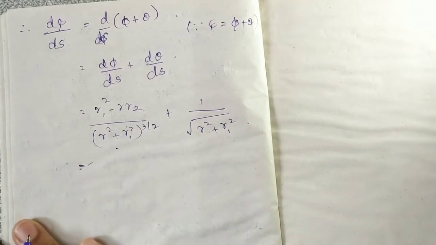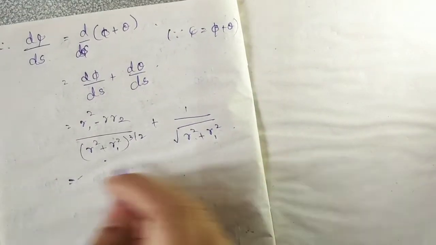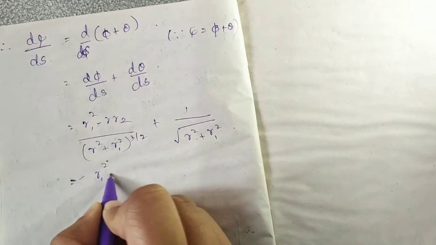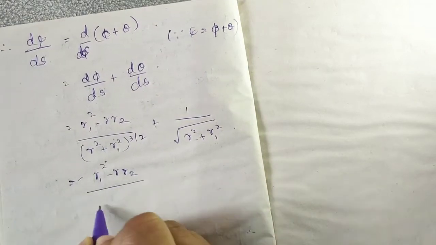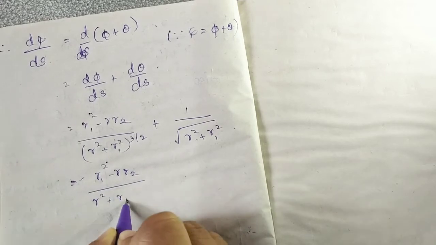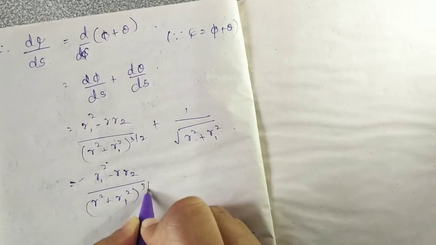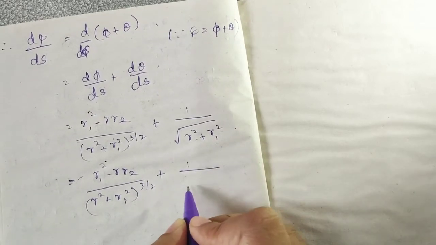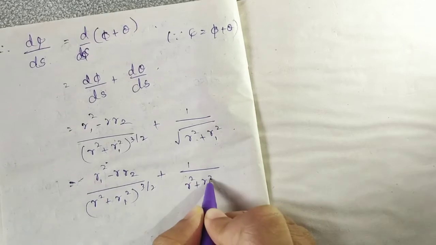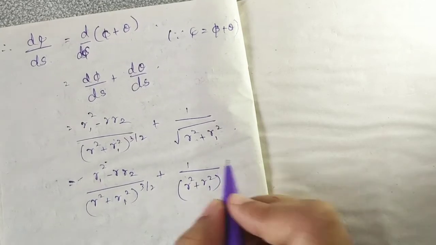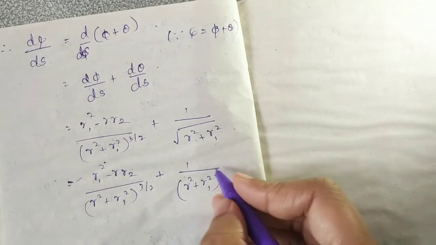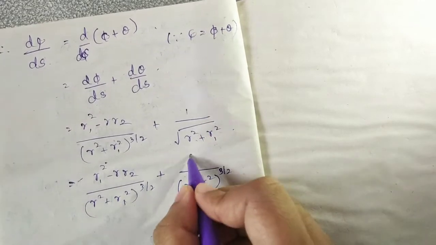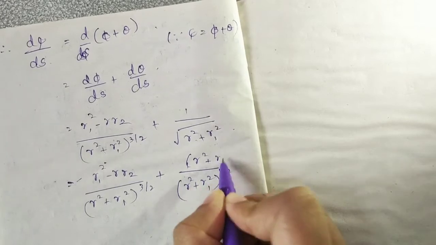Now here, it will be (r1² − r·r2) divided by (r² + r1²) whole raised to 3/2, plus again 1 divided by (r² + r1²) raised to 1/2. If we need 3/2, then here (r² + r1²) should be multiplied.